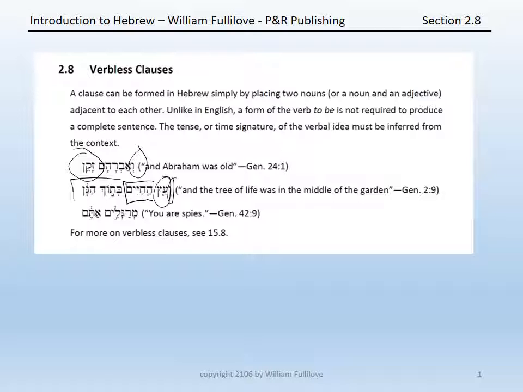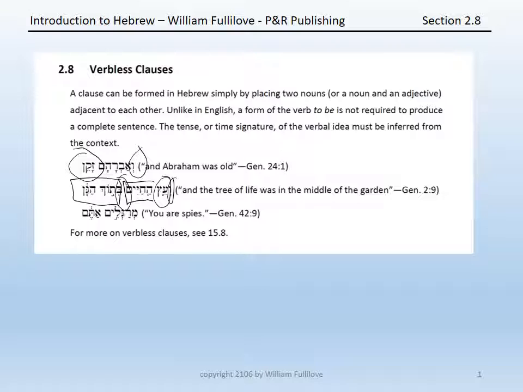Batok Hagan is the preposition batok, in the middle of, plus Hagan, the garden. So there is no is between the two. They are simply jammed against each other. And the tree of life, Va'etz Hachayim, was Batok Hagan, in the middle of the garden.